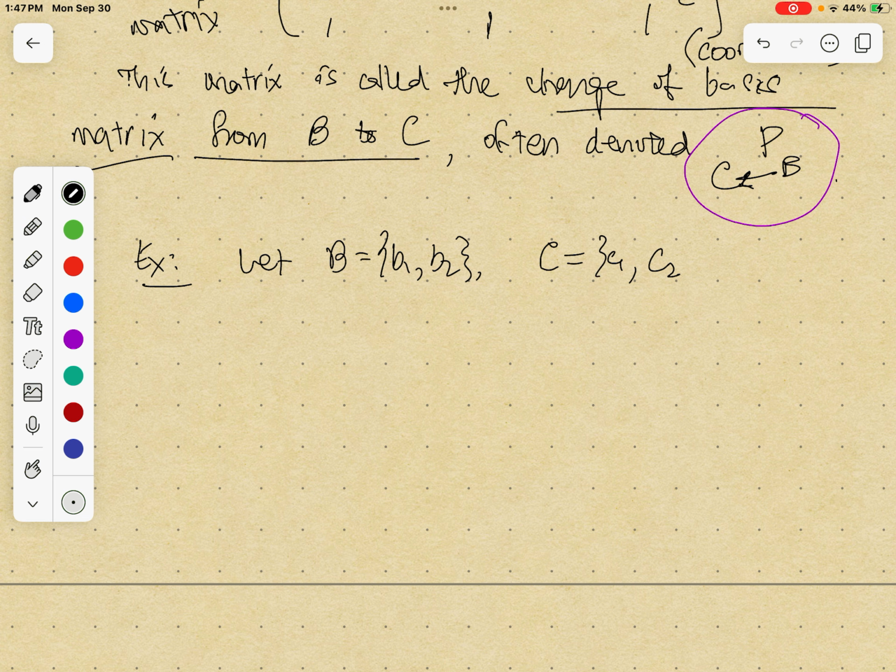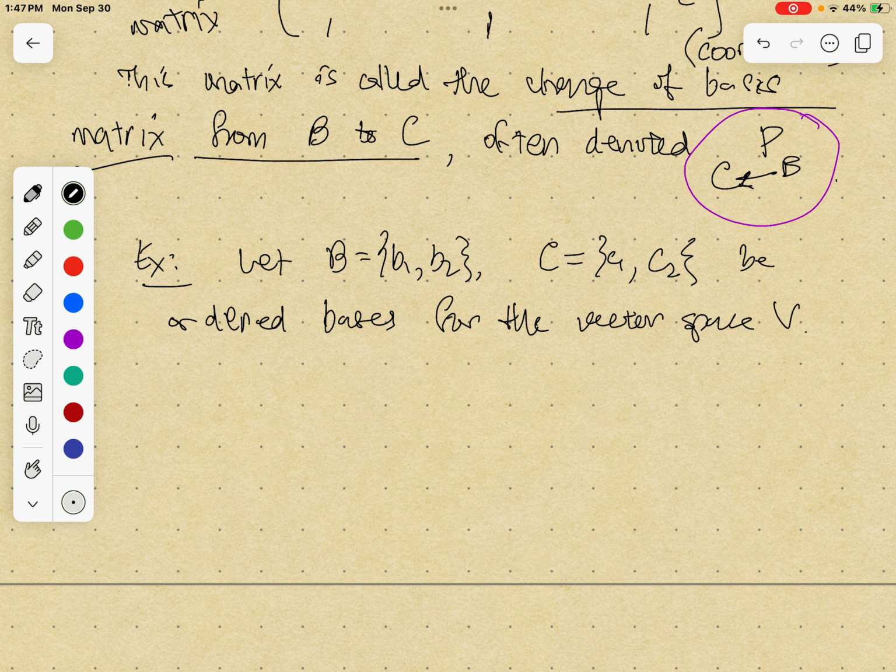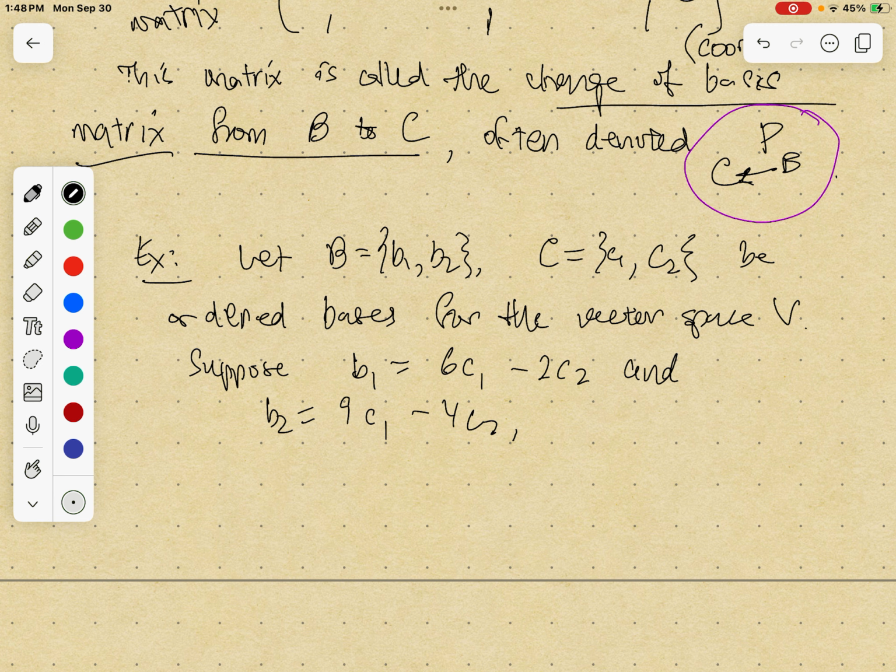Well, this should be ordered. He's a bit imprecise, so I should say let these be ordered bases for the vector space V. And suppose that B1 is 6C1 minus 2C2, and B2 is 9C1 minus 4C2.